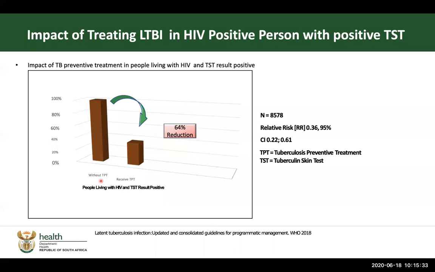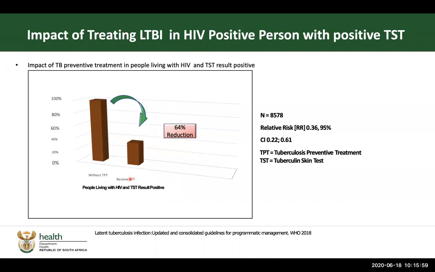And specifically here, the studies looked at patients who were living with HIV and AIDS, where the tuberculin skin test was done and it was positive, right? And the results showed a 64% reduction in active TB cases for patients who received TB preventative therapy.